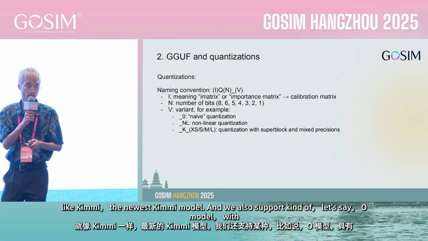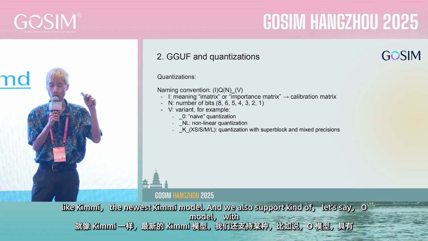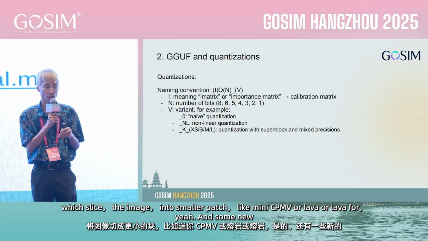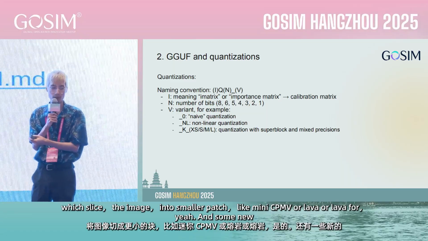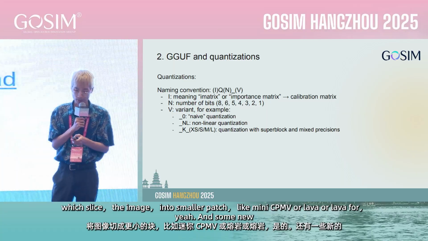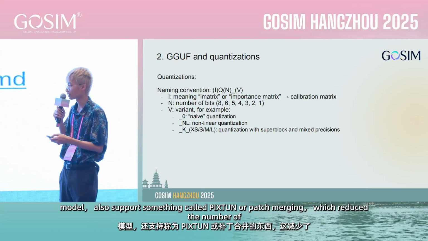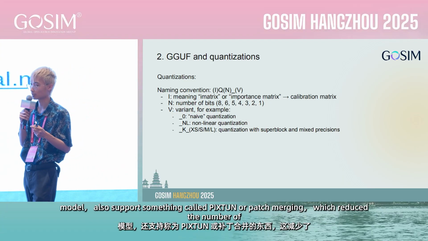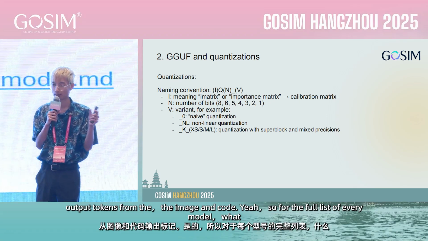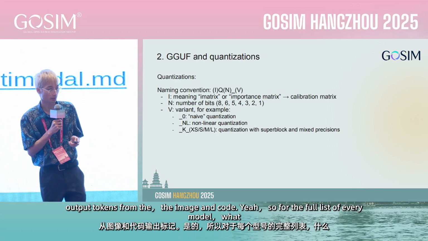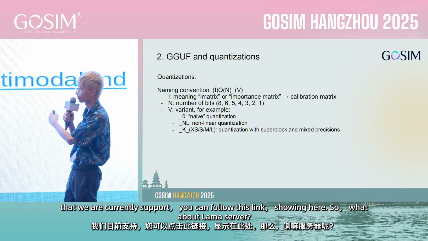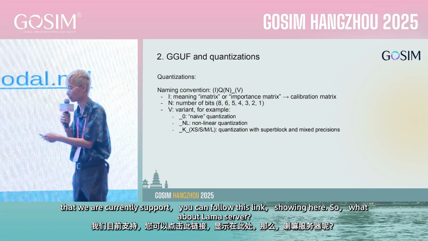And we also support the older models which slice the image into smaller batches, like MiniCPM-V, LLaVA or Llama 4. And some new models also support something called pixel shuffle or patch merging, which reduces the number of output tokens from the image encoder. For the full list of every model that we currently support, you can follow the link shown here.